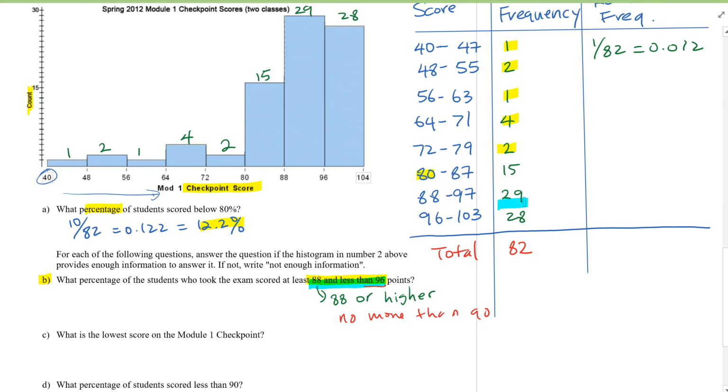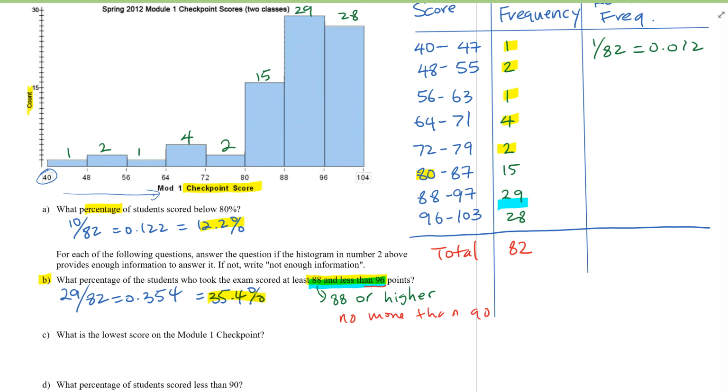Therefore I need to write 29 over the total 82. That gives me 0.354, which is 35.4%. So to answer the question, I would say approximately 35.4% of the students who took the exam scored at least 88 and less than 96 points.